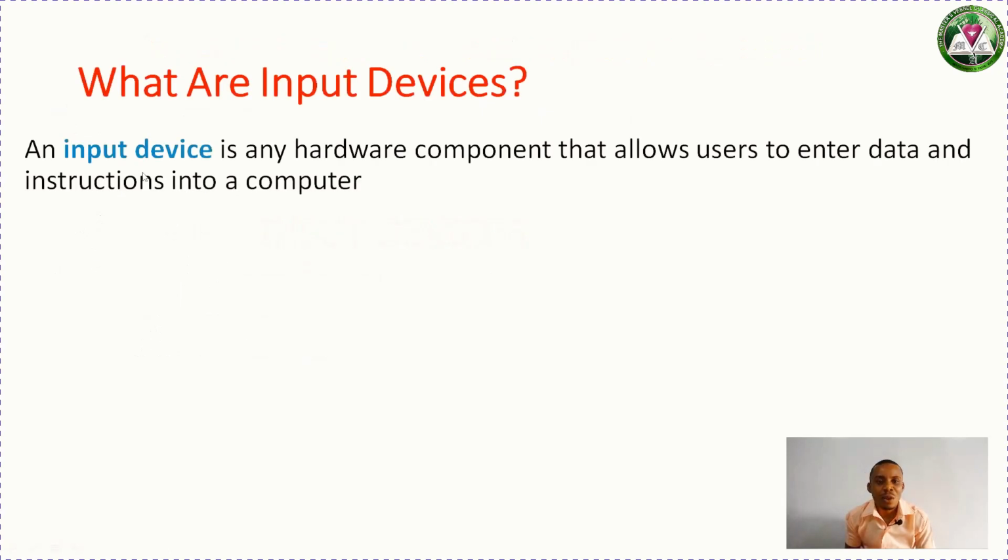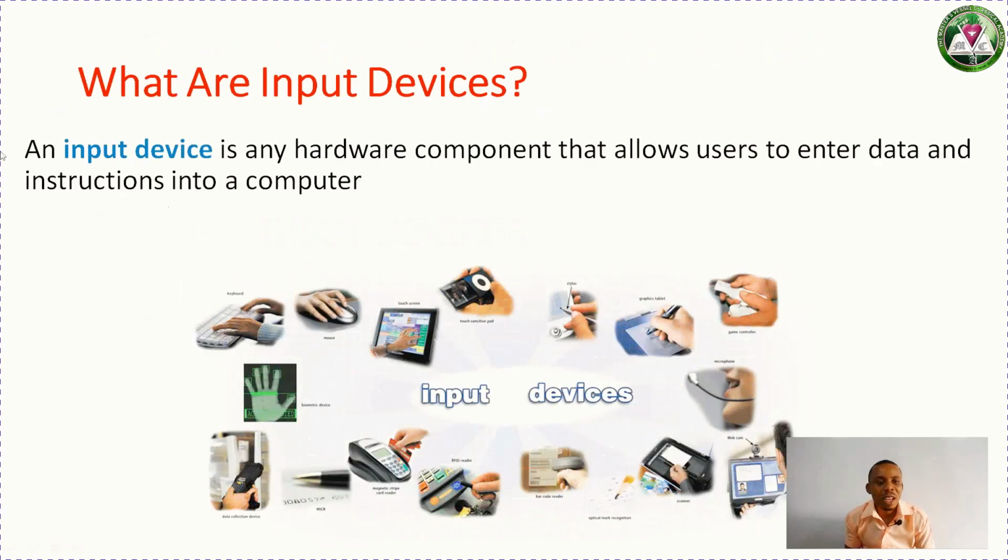Input devices. What is an input device? Here we say that an input device is any hardware component that allows users to enter data and instruction into the computer. Examples of input devices are the pictures you're seeing here. You can see a keyboard, somebody typing with the keyboard.